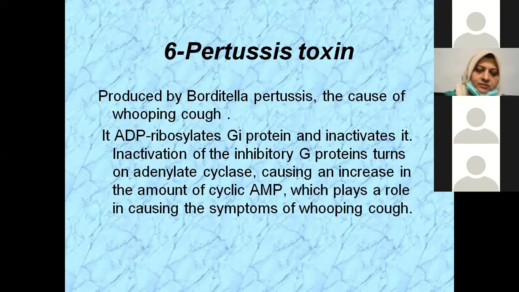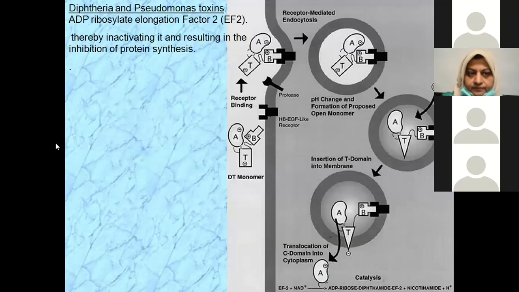That is called the whooping sound. Now this pertussis toxin causes ADP ribosylation of a Gi protein and inactivates it. The protein stops working, and inactivation of this protein turns on adenylate cyclase, causing an increase in the amount of cyclic AMP, and it causes the symptoms of whooping cough. Severe inflammation occurs in the throat.